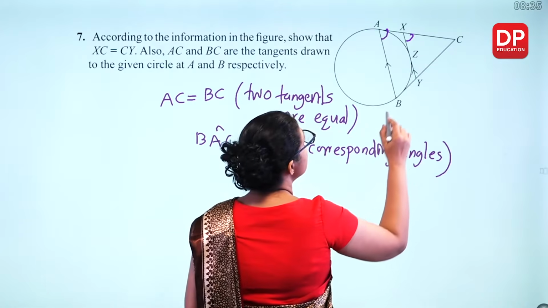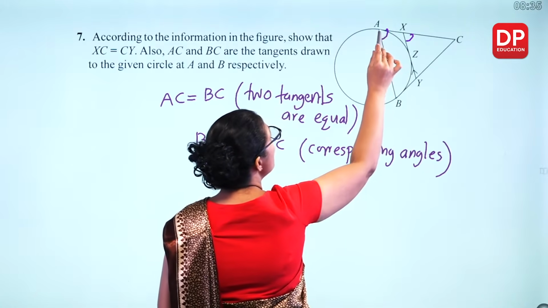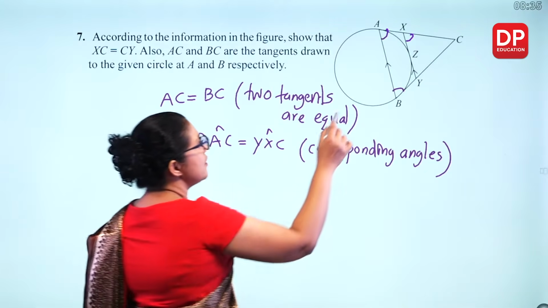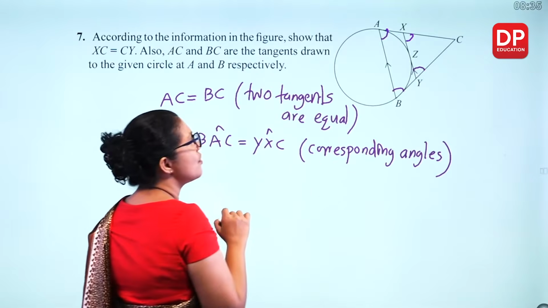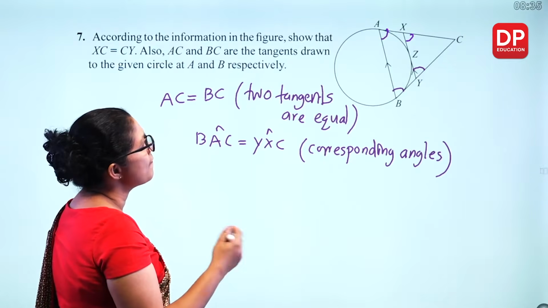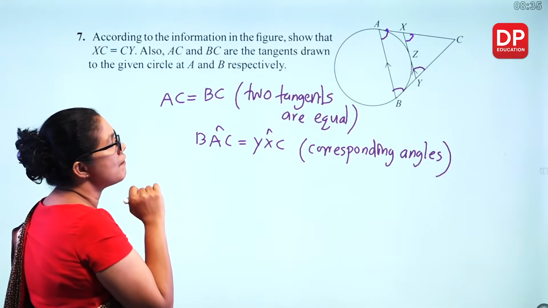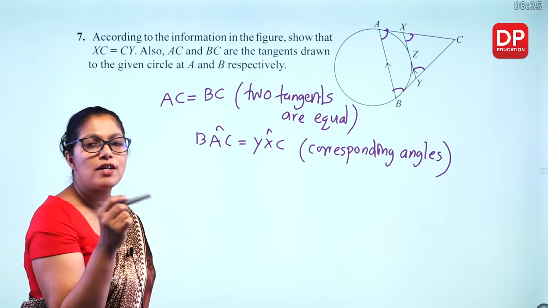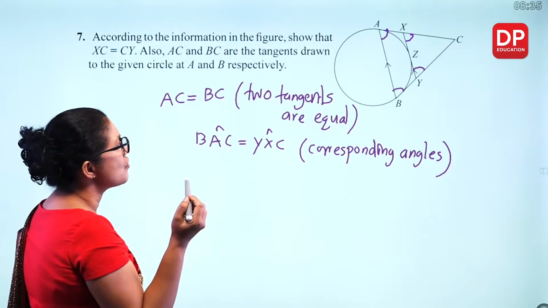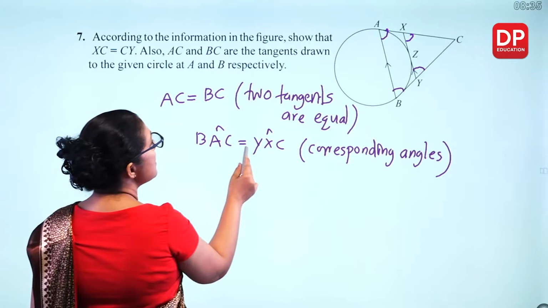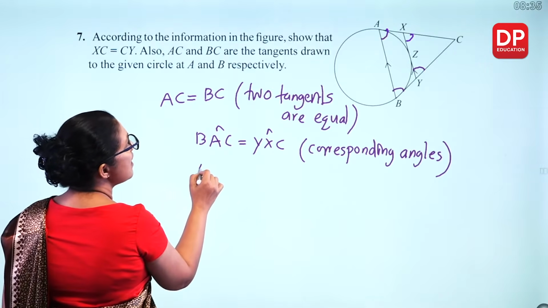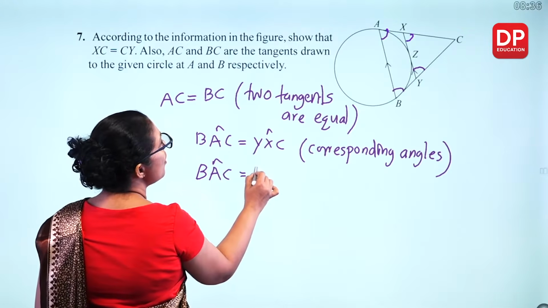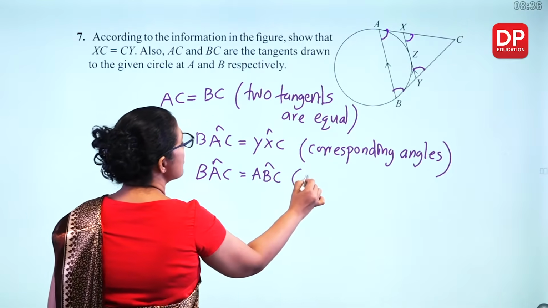And this angle is equal to this angle. But we know this angle is equal to this angle because of isosceles triangle. So this angle is also equal to this one. So from this information we can say XC is equal to CY because it's another isosceles triangle. So BAC is equal to that. I can write BAC is also equal to ABC because of isosceles.